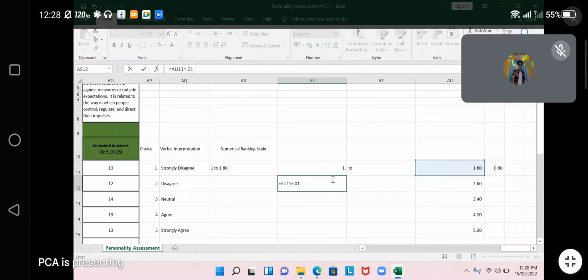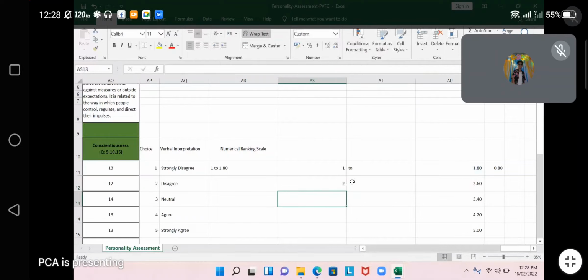Again, equals and then you just add plus 0.01. Ganyan pa tayong time. Magiging ano na yan. Click, comma, and then this one. 1.81. See? From 1, that is 1 up to 1.80. Ay, 1.80. And then tingnan na natin to.